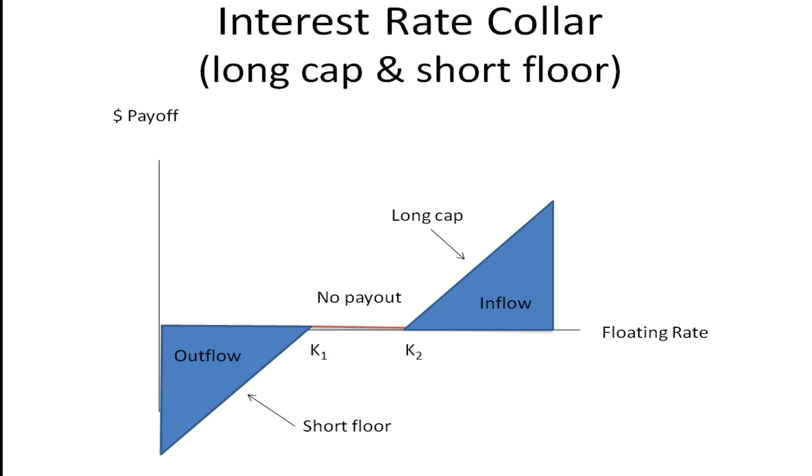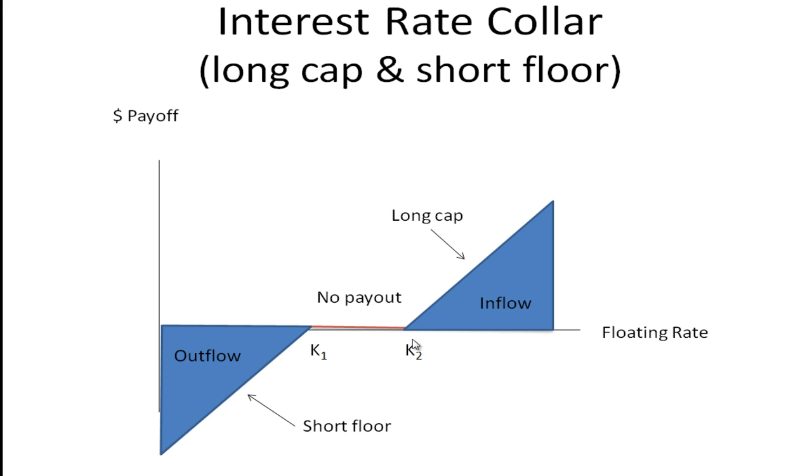So let's take a look at a picture here. This is the case where there are two strike prices. This is where the short floor is, and that has an exercise price of K1. And up here we have the long cap, which has an exercise price of K2. So the two interest rates are different. I suppose you could set them up with the same interest rate, but here we don't have it as the same interest rate.